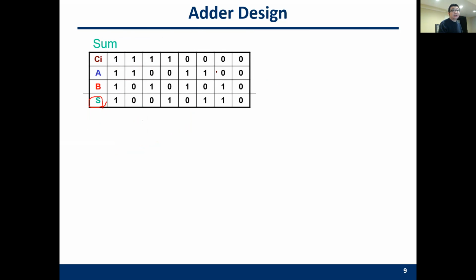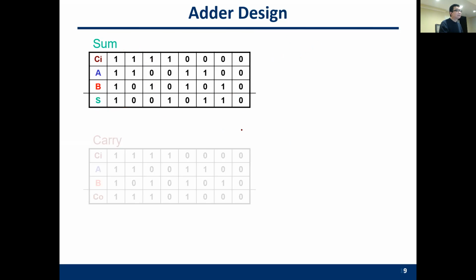Since we have 3 inputs, we have 8 columns here. Conventionally, we have a vertical truth table, so we have 8 rows. But in this case, we have 8 columns. And here, the column is equivalent to that row. And then we can write the corresponding sum here.